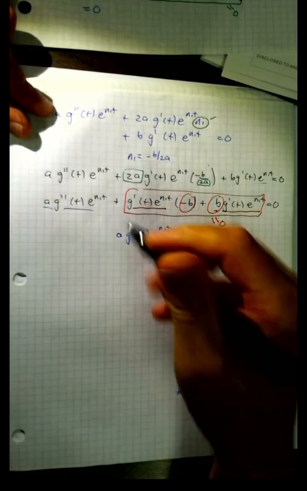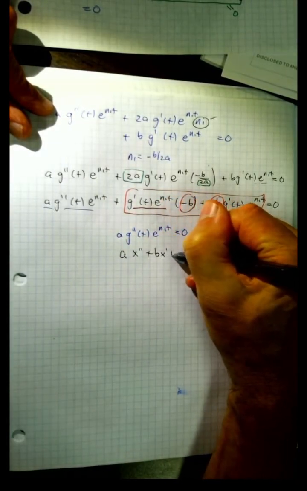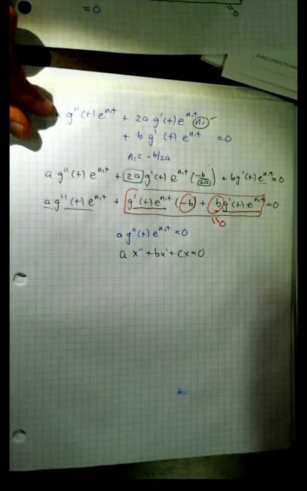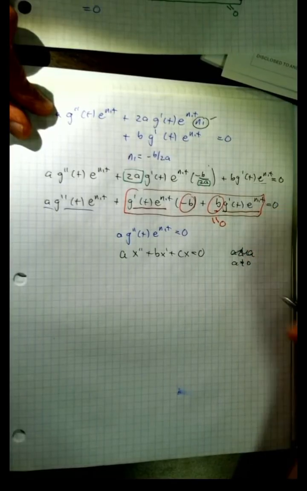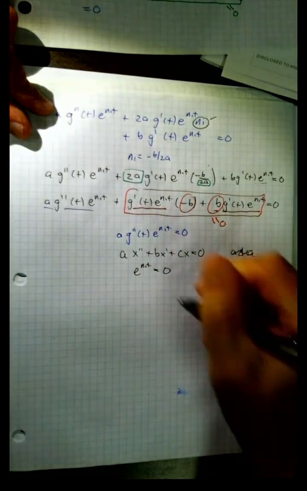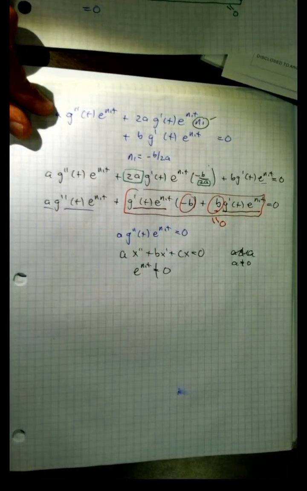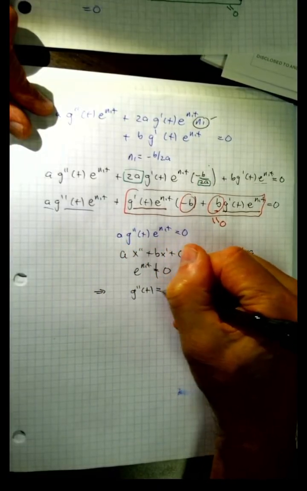Now for my original differential equation, because it's a second order equation, I'm assuming that a is not 0, and e to the n1t is an exponential function, so it cannot be 0. This implies that g double prime is 0.